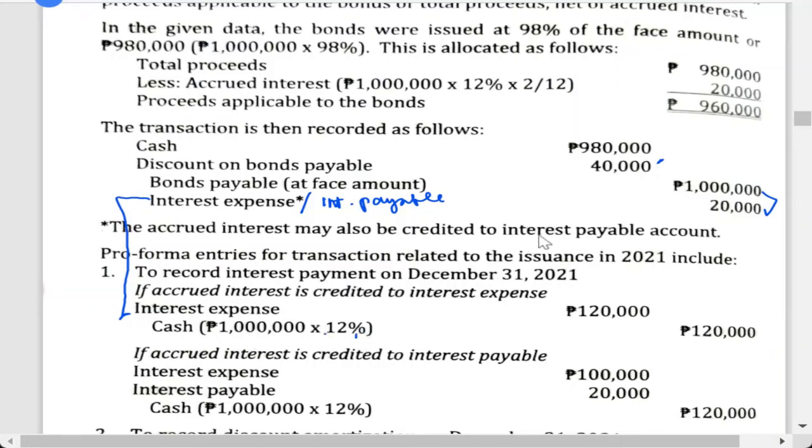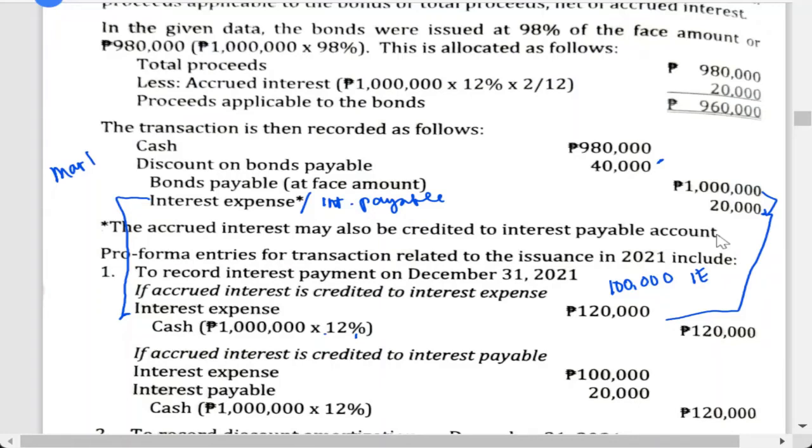This was recorded on March 1, so there was a credit of 20,000 and now you debit the 120. So the ending interest expense is 100,000, which is correct, because the interest should only run from March 1 until December 31.